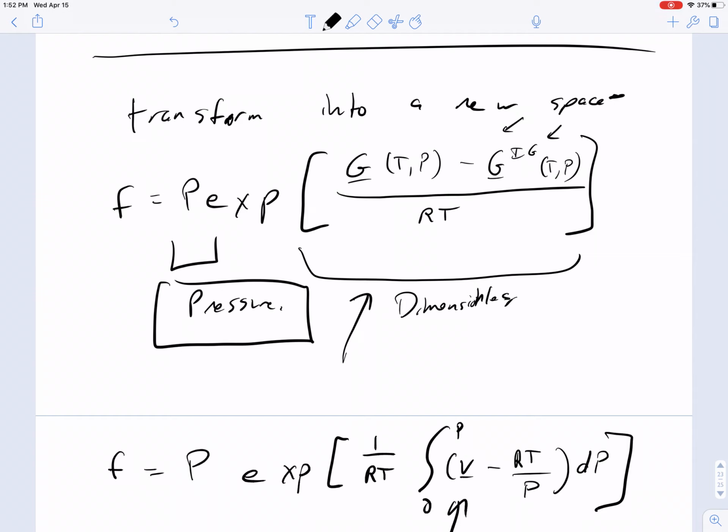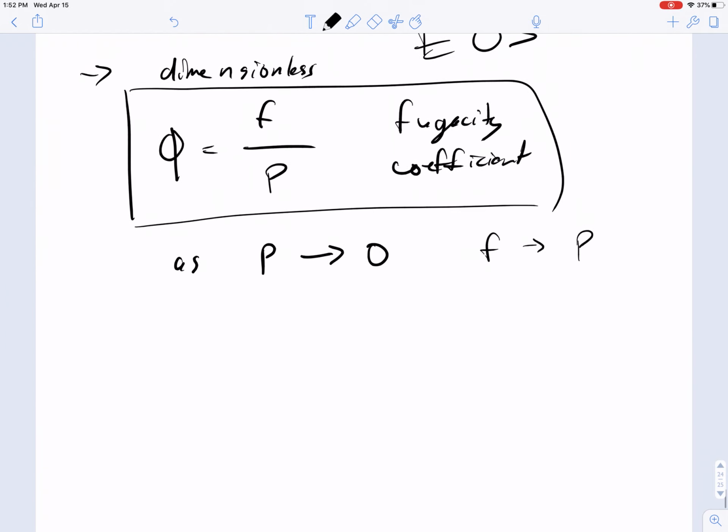The exponential of 0 is 1, which leaves just your pressure term. So as pressure approaches 0, the fugacity approaches P, which means that the fugacity coefficient approaches 1, which means that the material is approaching an ideal gas behavior.